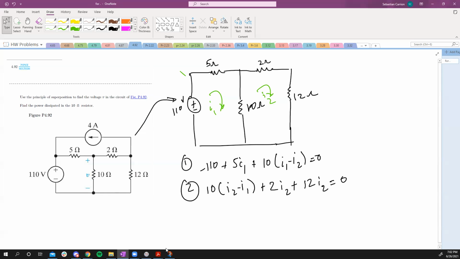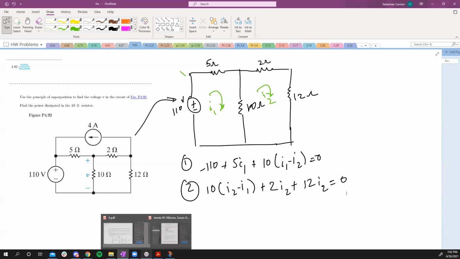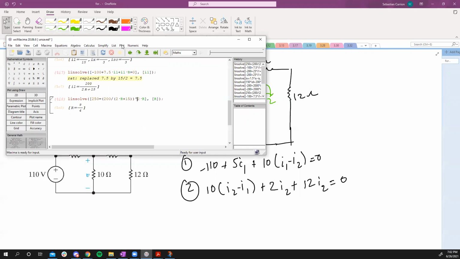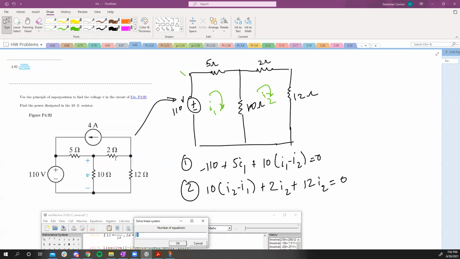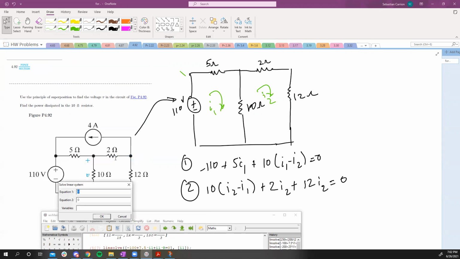Okay, so I'm gonna plug this into the calculator. So we have this, and simplify this.